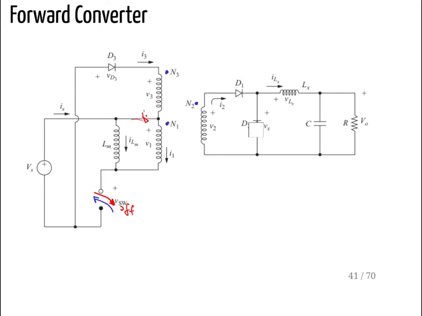I will describe the effect of the third winding, but that will be 0 as well during the off period, and that diode will be on, carrying the ILX current. So this was the usual operation. Let's see what happens from the perspective of the ILM.